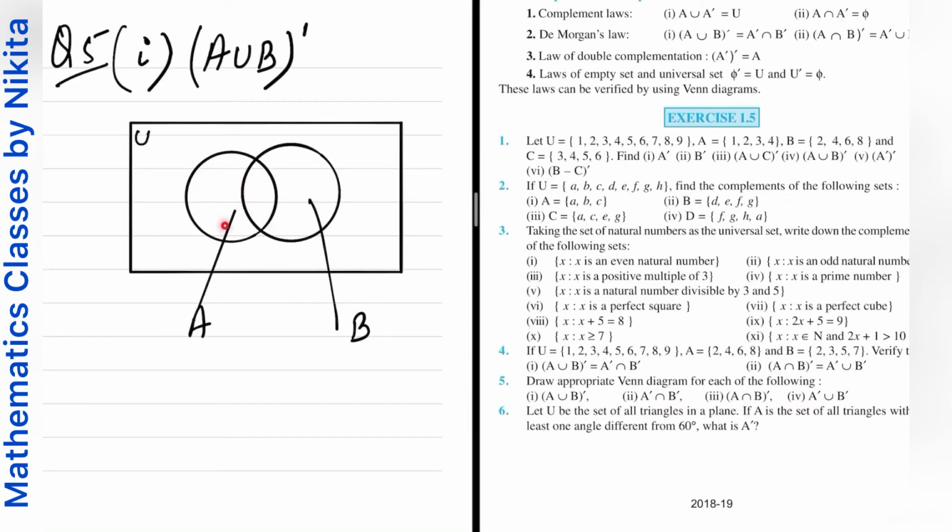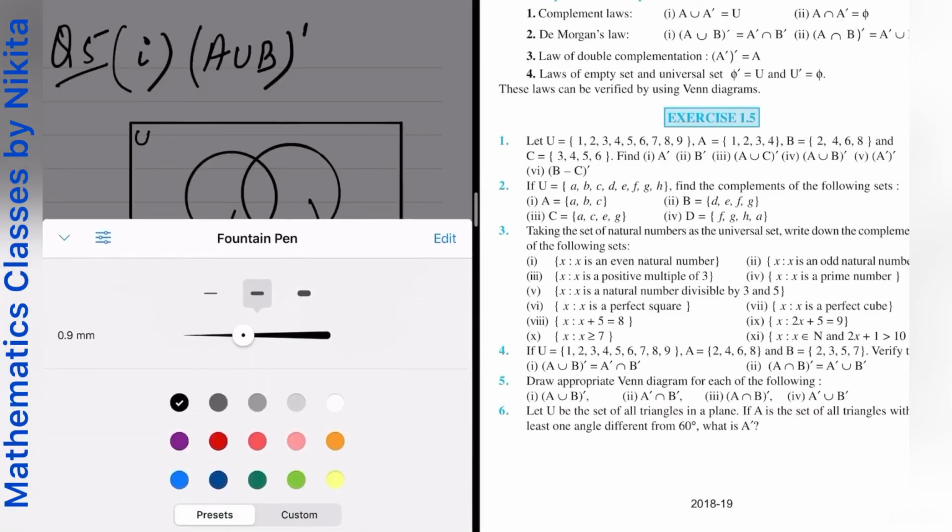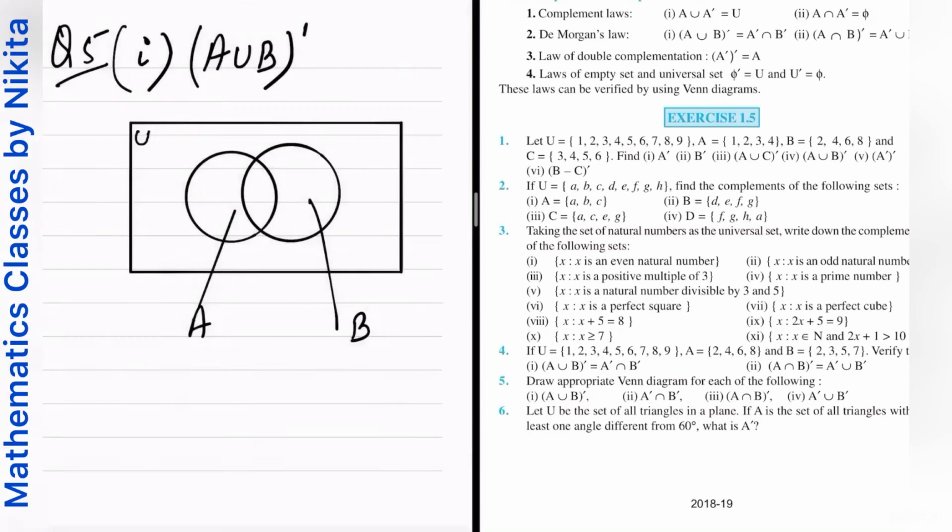So all the elements of U which are not there in A union B. So I will get the shading which is in yellow, this is your A union B whole complement. Okay.